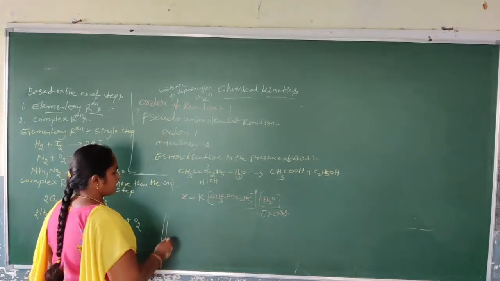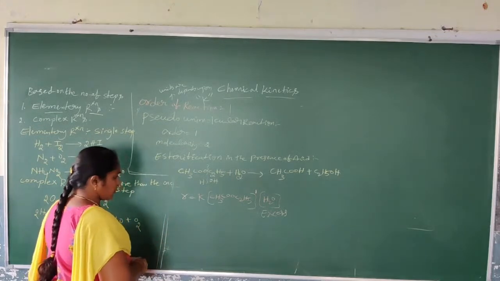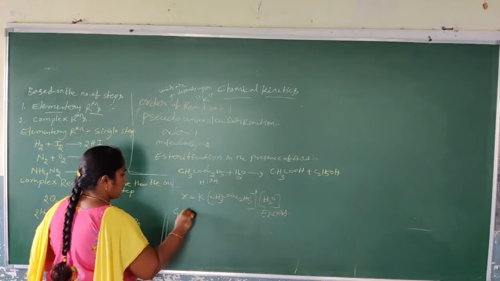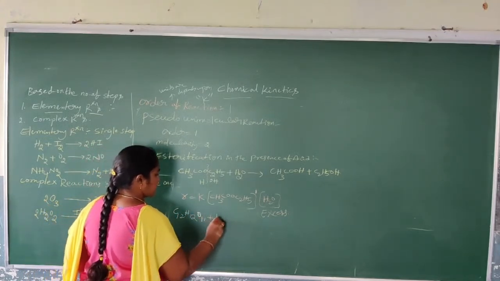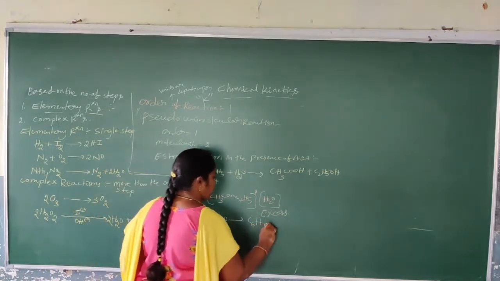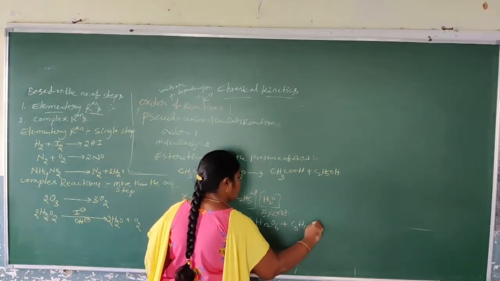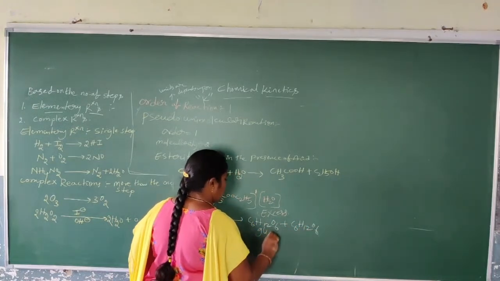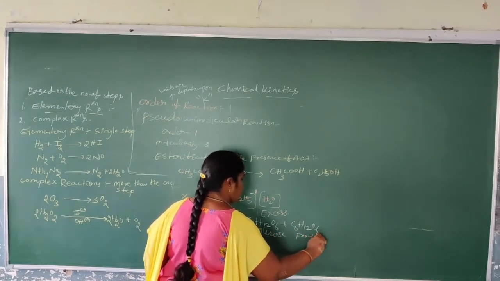One more example is the inversion of cane sugar, which I already told you about. C12H22O11 plus H2O gives C6H12O6 plus C6H12O6, one is glucose and the other is fructose.